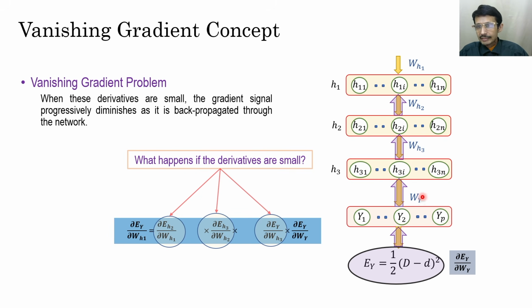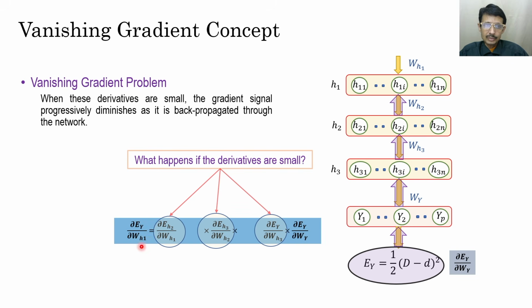As we have seen, when we backpropagate layer by layer from the output layer to the input layer, these derivatives become smaller and smaller, because they are less than 1 and we keep multiplying.